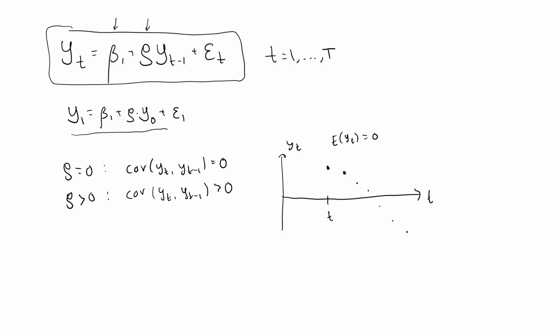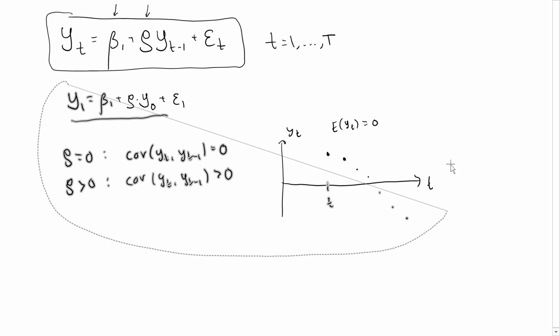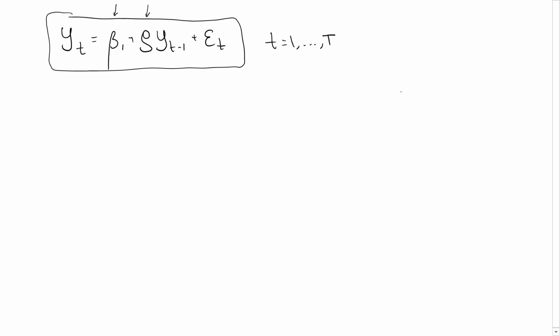So now that we know a little bit more about the AR1 process and the effects of the rho parameter and the beta 1 parameter, let's try to find the moments of yt. And by the moments we mean the expected value and the variance. Let's erase this for now and focus on the expected value.